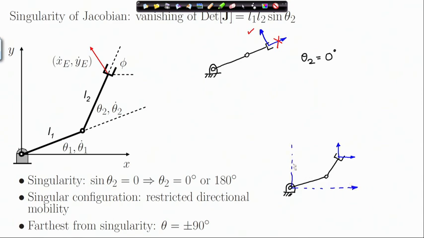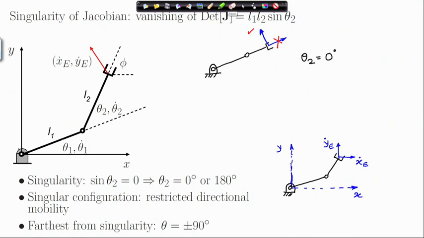So, these were our coordinates. So, you can produce a general velocity vector. But once you are in a singular configuration like this, you cannot produce a velocity in the radial direction.